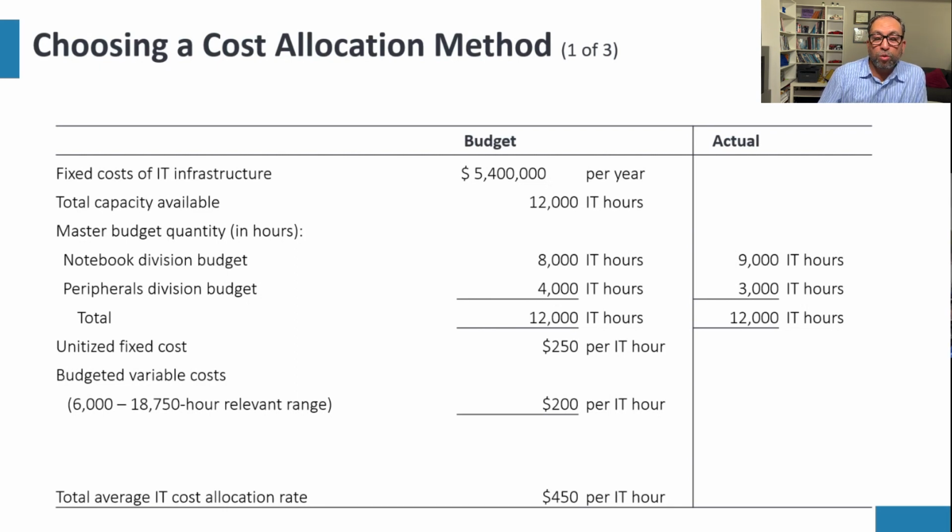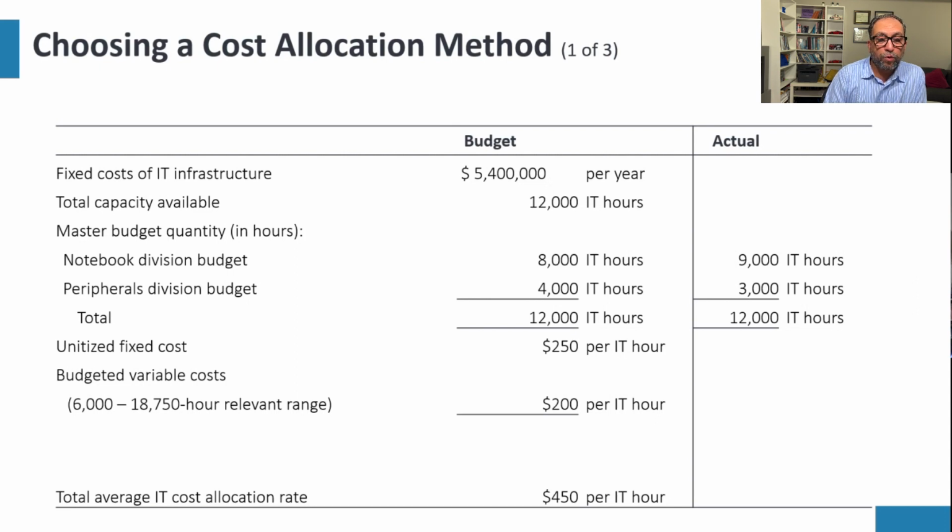Peripheral and notebook are two different products of this corporation or firm. This IT department is providing 8,000 IT hours to notebook division and 4,000 IT hours to peripheral division. So the total hours available is 12,000.